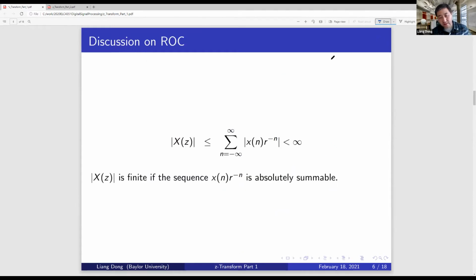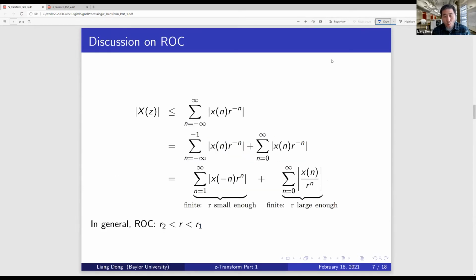Okay. Let me write it again here. This term, we want to make sure it's finite. If it's in the region of convergence, that means this is finite. It's less than or equal to infinity. So X(z) is finite if this sequence is absolutely summable according to this formula.